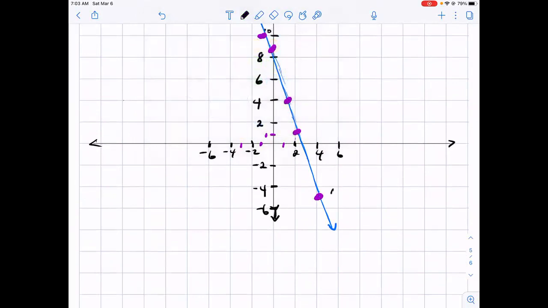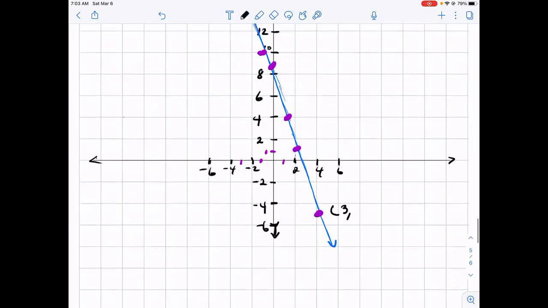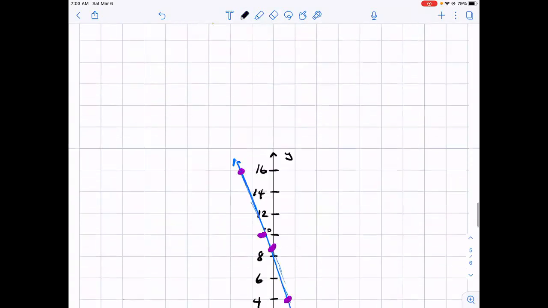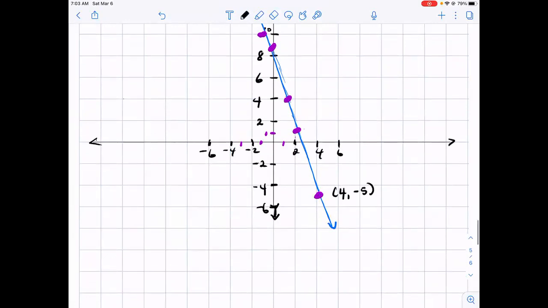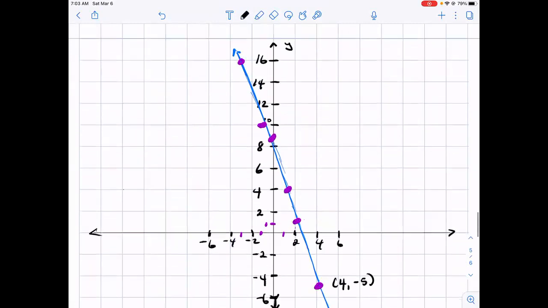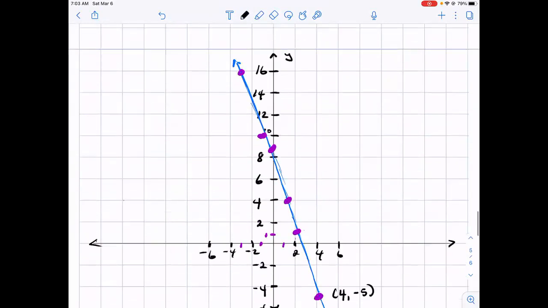So for example, this here was the point (3, comma, and we're getting that +4, sorry, (4, -5). This point here is (2, 1), okay, (2, 1).